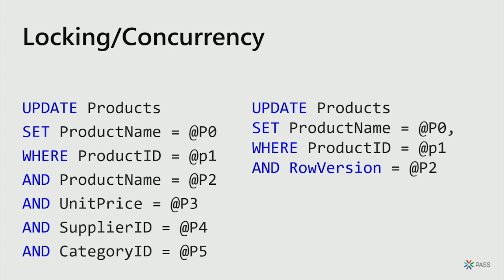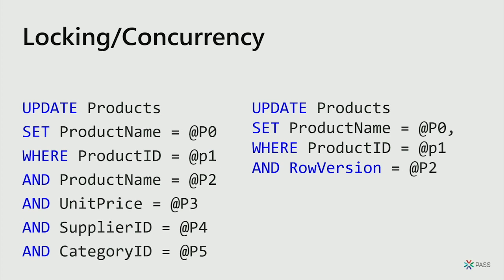If you don't want to have in your where clause every single column in your table, which might hurt your performance from an indexing perspective, then you may want to consider adding a row version column to your database, which, from a SQL database perspective, for example, increments every time you make a change to that row.